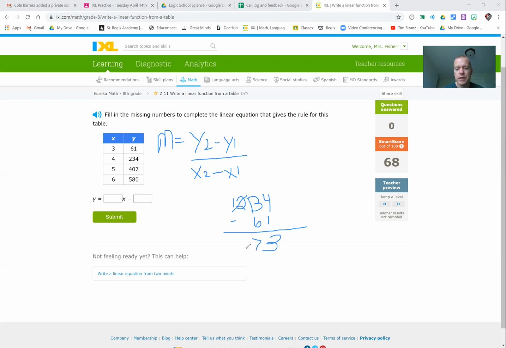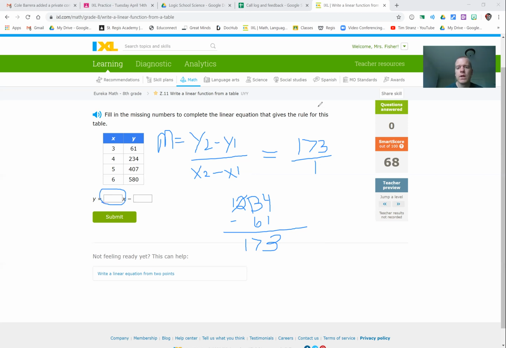So 173. So it's going to be 173 over, now we're going to do x2 minus x1. So x2, which is 4 minus x1, 4 minus 3 is 1. So you know this number right here is going to be 173.